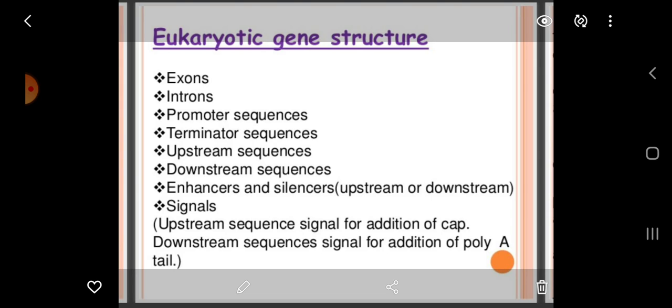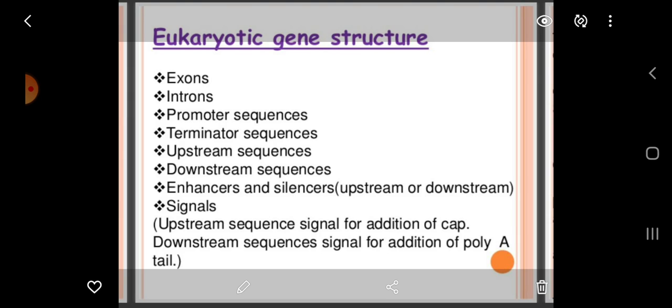In this part of the gene structure, I shall tell you about the eukaryotic gene structure. The eukaryotic gene structure is somewhat different from the prokaryotic gene structure.